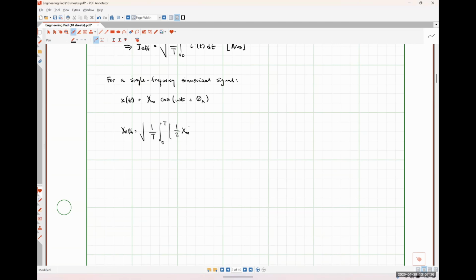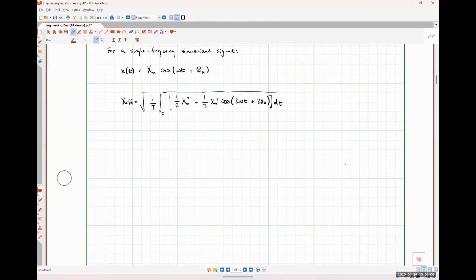1/2 xm squared plus 1/2 xm squared cosine twice omega t plus twice theta x. And this is all taken with respect to time. I could then, for what it's worth, split this integral up into two parts to make it a little less unseemly.